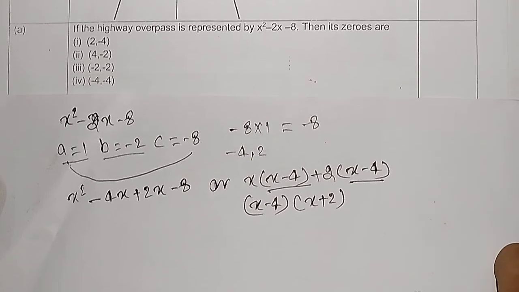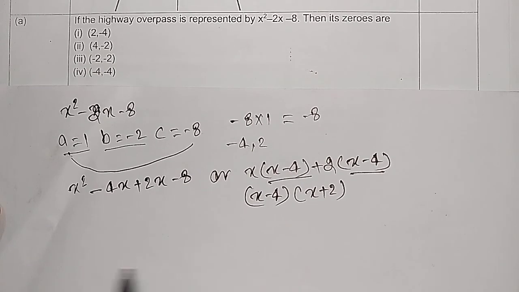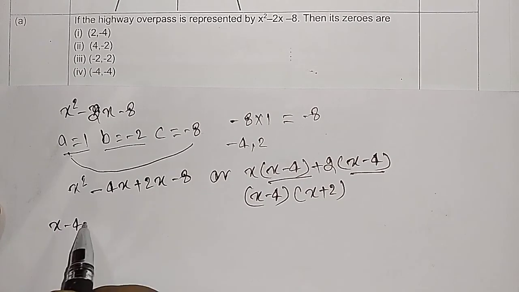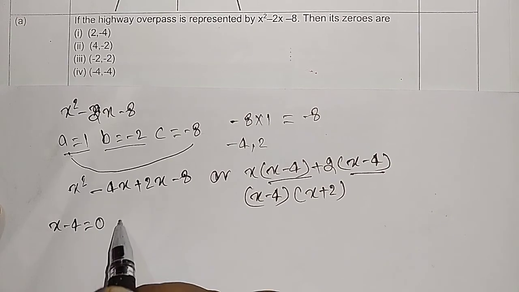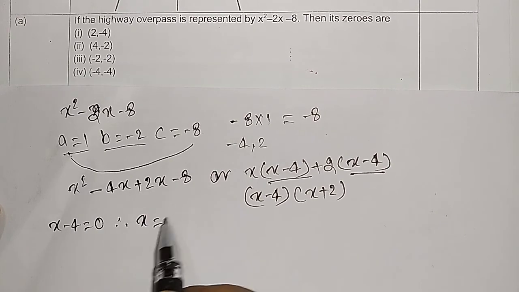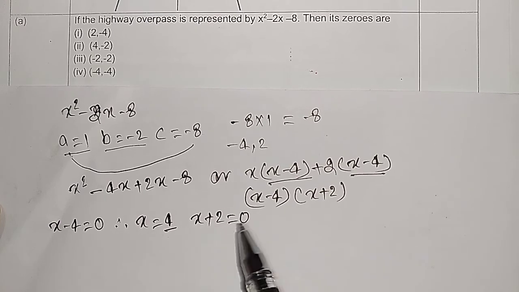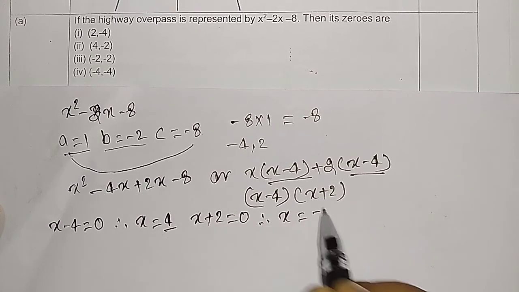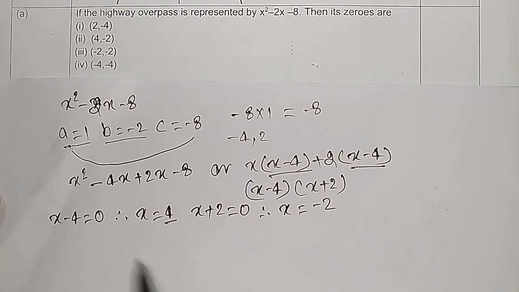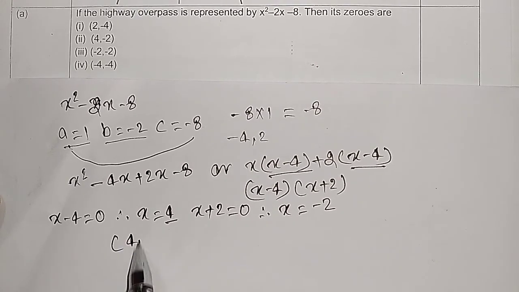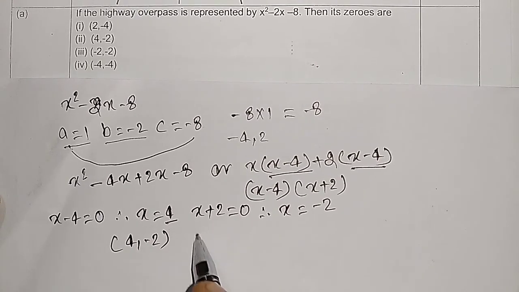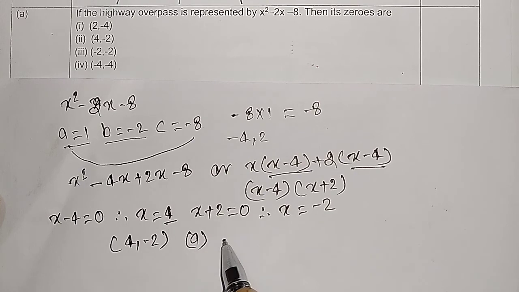Now to find the zeros of this polynomial, we equate each factor with 0. x minus 4 equals 0, so x equals 4, this is one root. x plus 2 equals 0, which means x equals minus 2. So the zeros are 4 and minus 2. The answer for A is the second option. This is the answer.